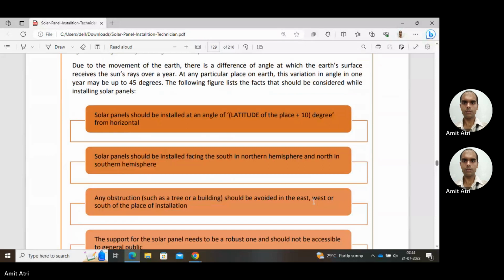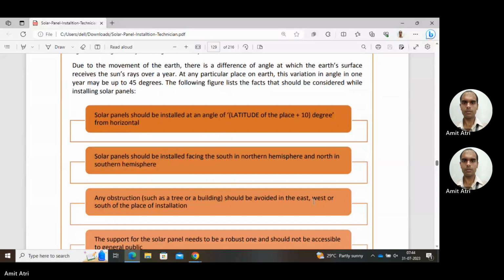So following this diagram, the factors to be considered by the installer are mentioned. First one, solar panels should be installed at an angle of, what should be the angle? Latitude of that place plus 10 degrees from horizontal. First thing, we have to measure the latitude.